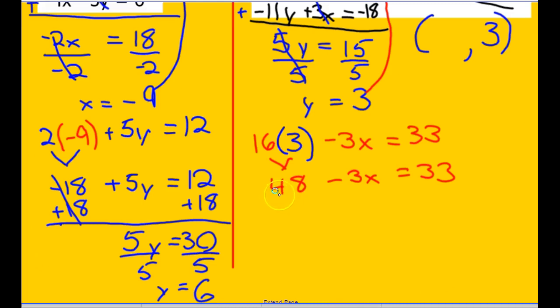Now we have to do the opposite of the 48 to move it over to the other side, so we're going to subtract 48.